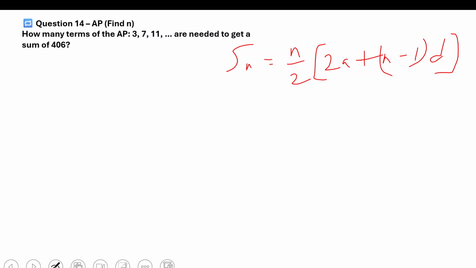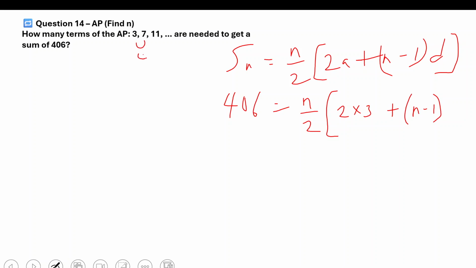You see that you have the sum of the terms as 406. We're looking for n. You have a as 3, n still unknown, and d is 4. Why? Because 7 minus 3 is 4, or 11 minus 7 is 4. So I take 4, right?